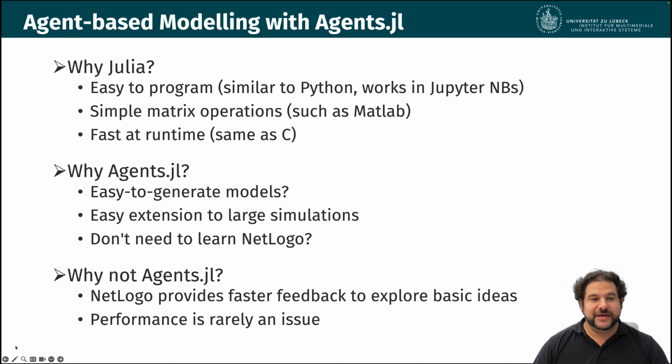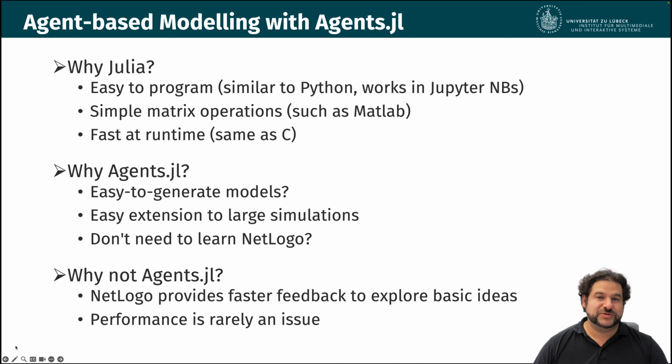One of the benefits of Julia is that it's very fast. The runtime is almost the same as C, so it is one of the fastest programming languages there is, in the same region as Rust, C, C++, and so on. And because we decided to pick Julia as our programming language, we need a library to do agent-based modeling that is compatible with Julia.